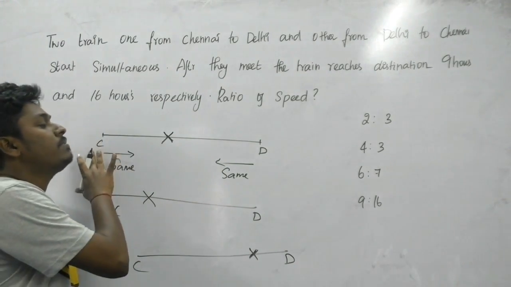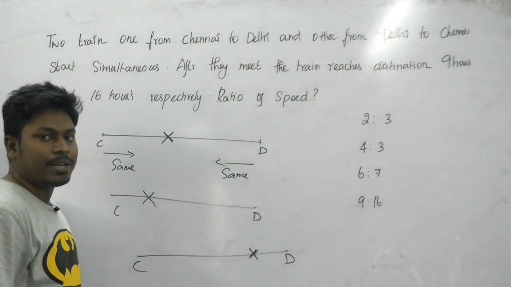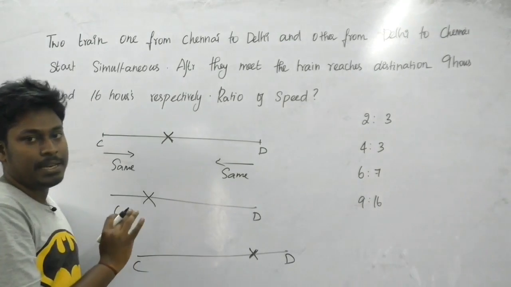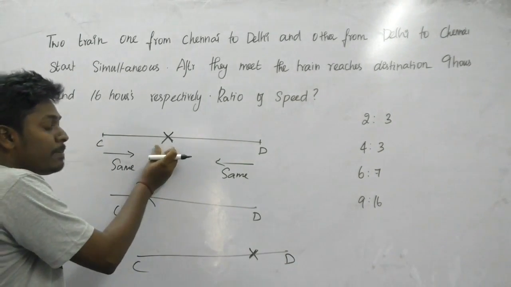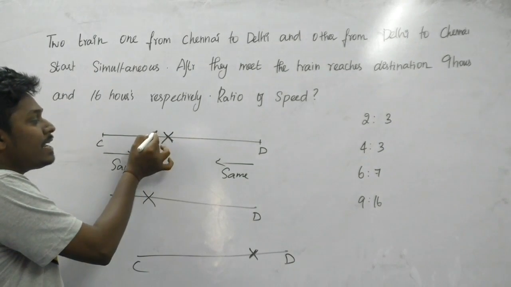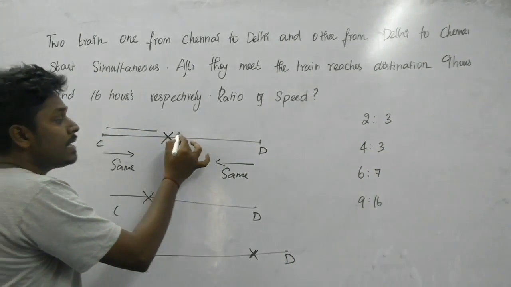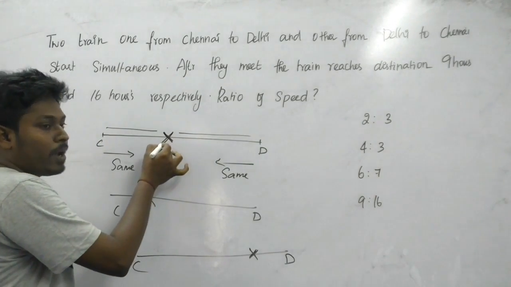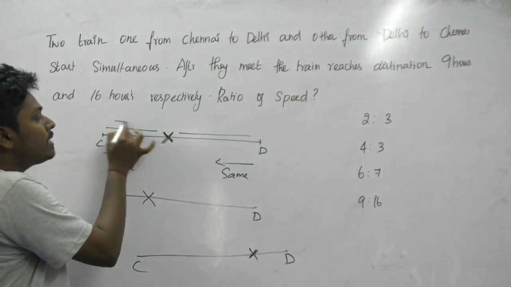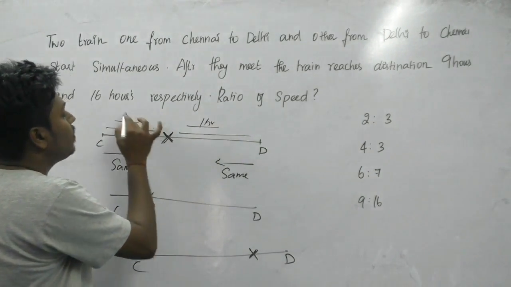So we can frame a question here: 2 trains start simultaneously, one from Chennai and another from Delhi. After they meet or cross, train 2 takes some time and train 1 takes some time. If it is a midpoint, we can say that both the times are the same, whatever they are, say 1 hour.